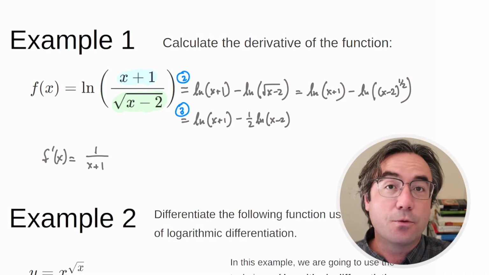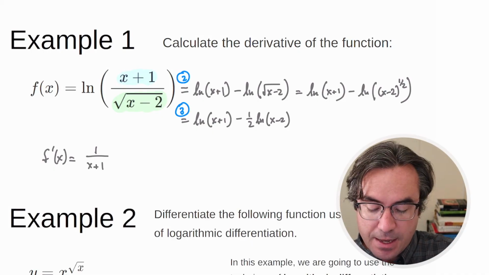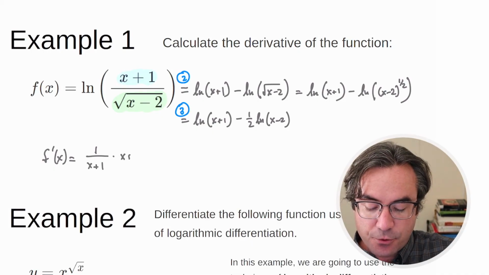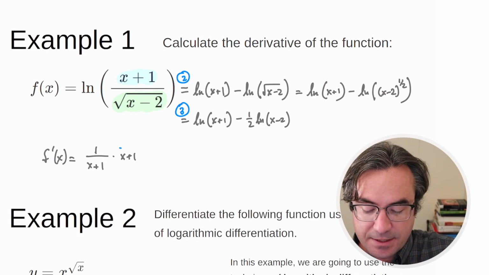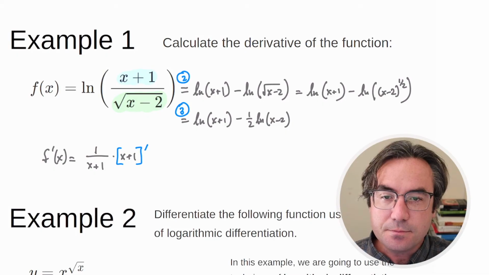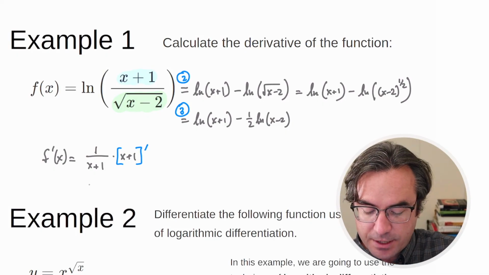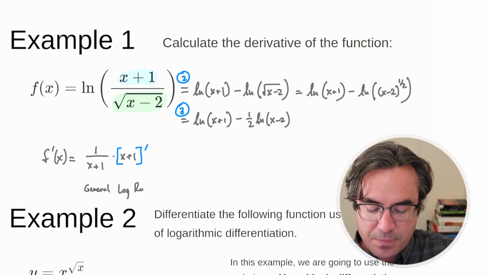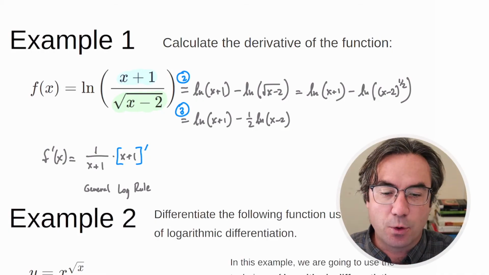So in this case, 1 over x plus 1. And then we multiply by the derivative of what's inside. So we're going to multiply by the derivative of that x plus 1. And that's our general log rule for chain rule. That flavor of the chain rule.